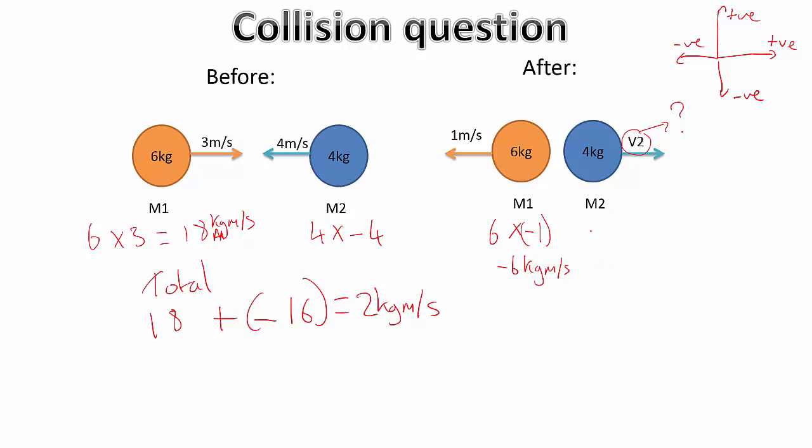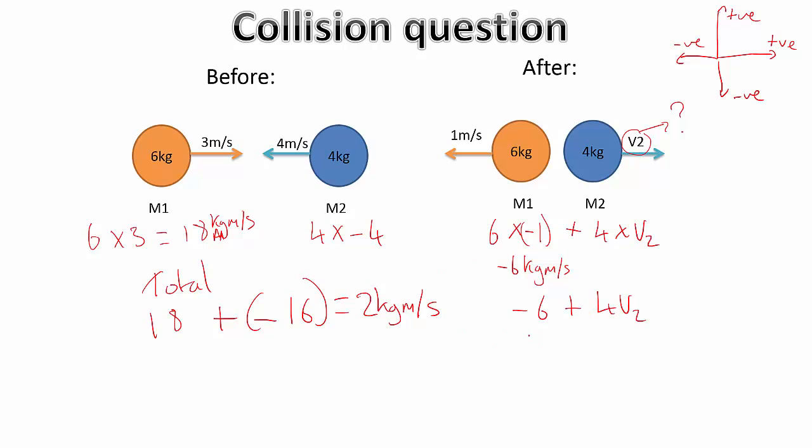And then I need to add the momentum of the second sphere. So 4 kilograms times by this velocity that we don't know yet, v2. So I know that minus 6 plus 4 times by v2 is equal to the momentum afterwards.